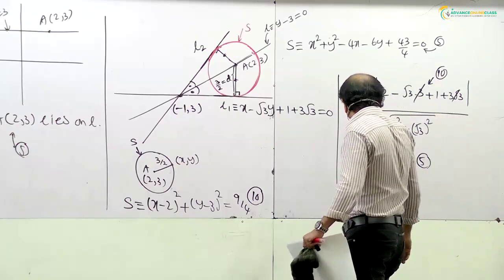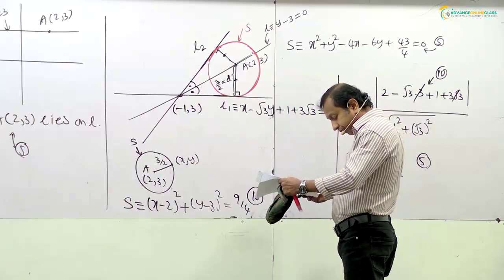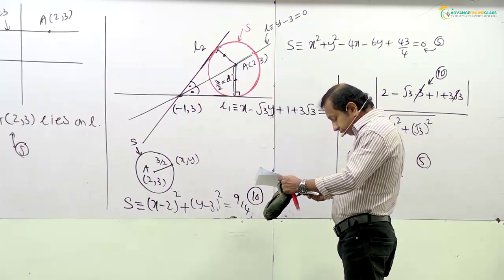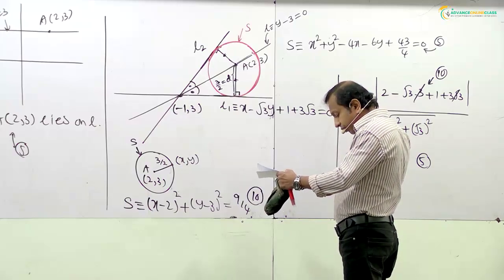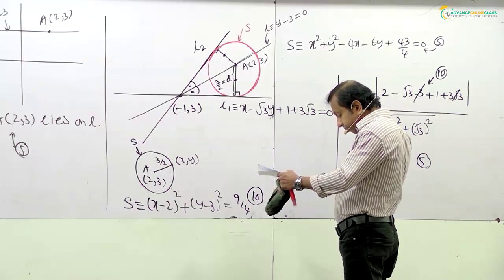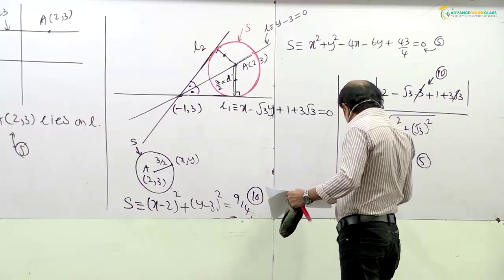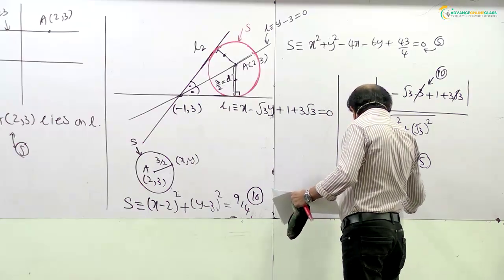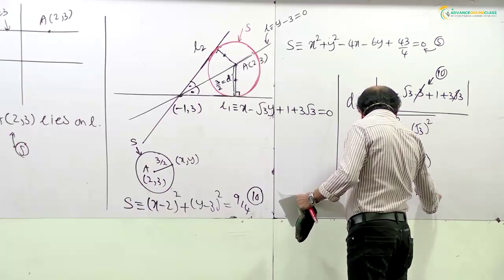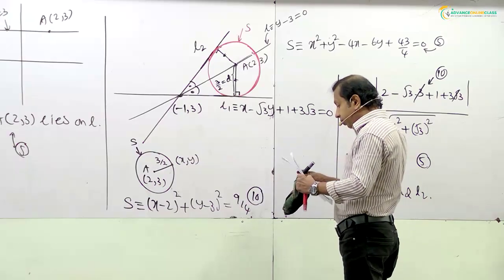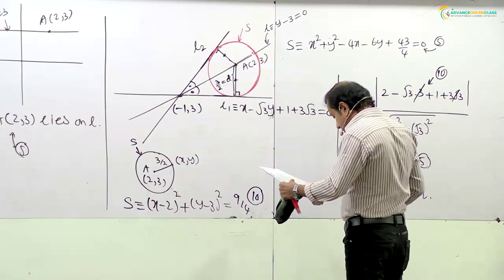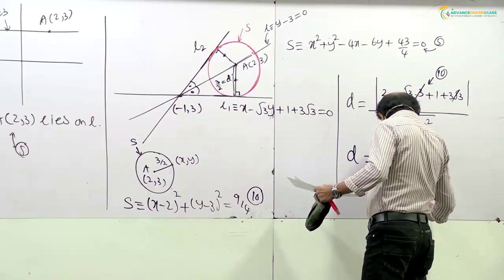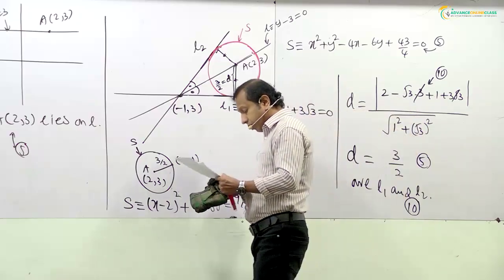Therefore, write down: the two tangents drawn from (-1, 3) to S are L1 and L2. 10 marks. Right.